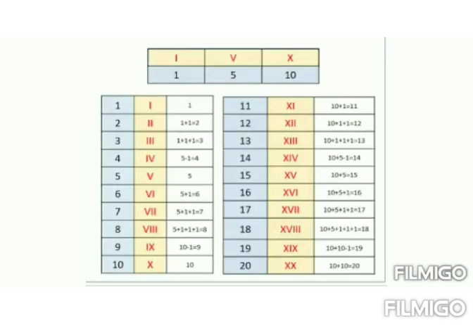For 18, we will use XVIII, that is 10 plus 5 plus 1 plus 1 plus 1 equals 18. For 19, we will use XIX, that is 10 plus 9 equals 19. And for 20, we will use XX, 10 plus 10, 20.